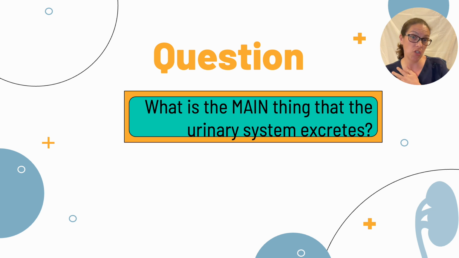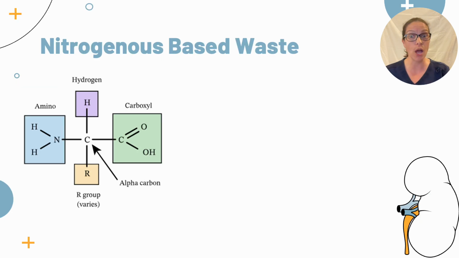All right, question. What is the main thing that the urinary system excretes? Well, hopefully you said nitrogenous-based waste because it comes with the nitrogen. I wonder if you recognize what that is. It's a protein.